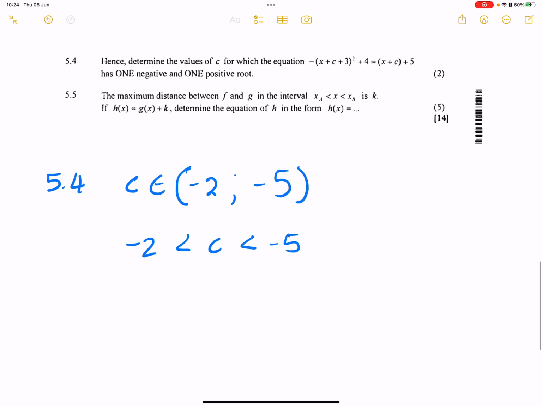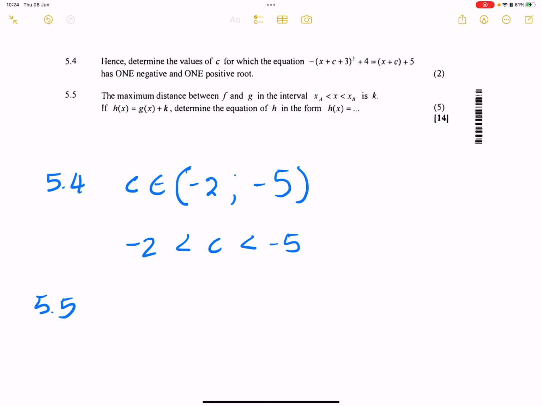Right, so the last question. Okay, so they say to us, the maximum distance between F and G, on the interval where x is greater than A and less than B, is K, right?